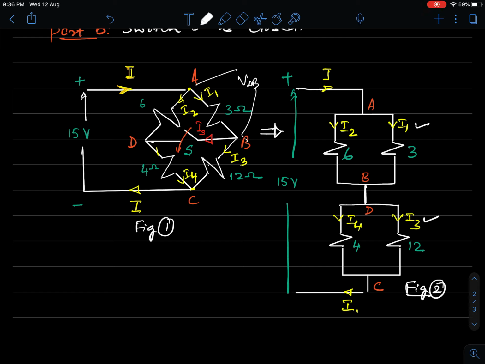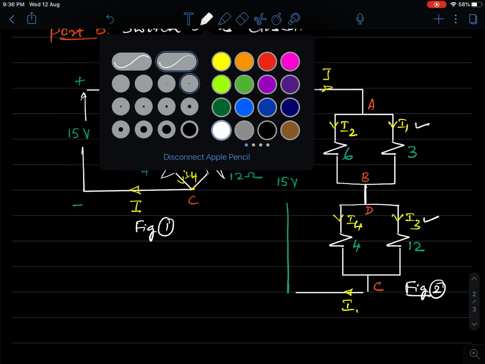Similarly, to get the current I3, I need to know the potential difference VBC here. If I know these potential differences, then I'll be able to compute the current. Now, my objective is to get these values.